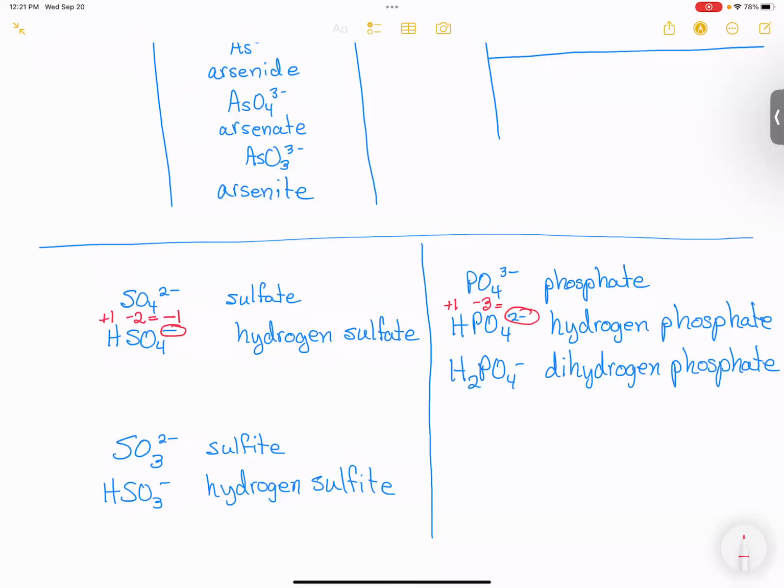You should be able to derive the formula for hydrogen phosphate if you simply know phosphate and the fact that hydrogen's a group 1. What other trend did you notice?